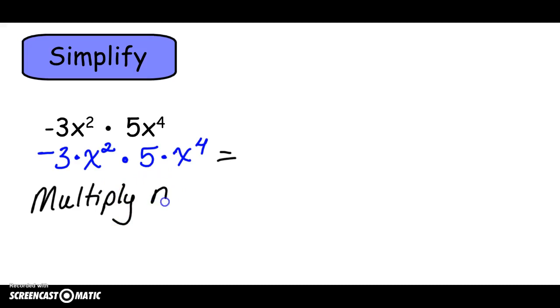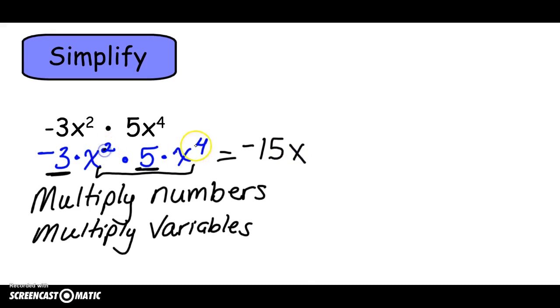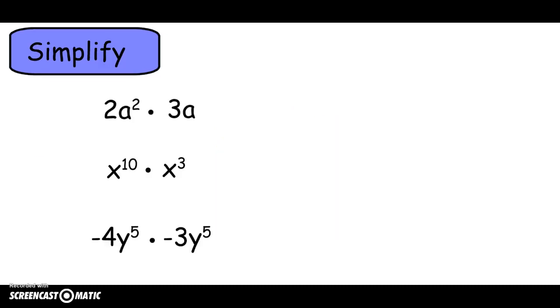When you have something like this where you have numbers and variables, I always multiply the numbers. So I have negative 3 and 5. That gives me negative 15. Then I'm going to multiply the variables. So x squared times x to the fourth is going to be x, and then 2 plus 4 is 6. And that's my answer. Remember, we're just simplifying. We're not solving for x.